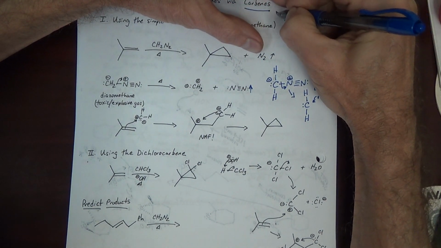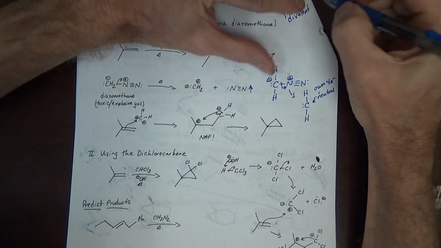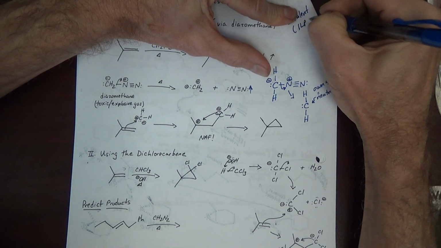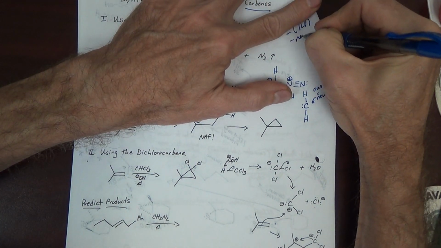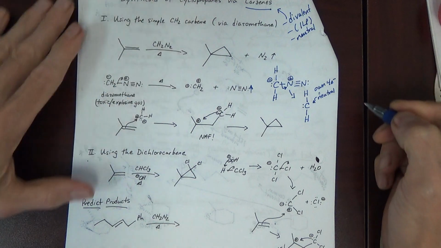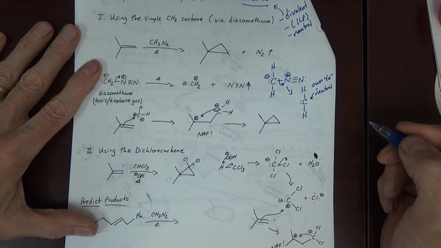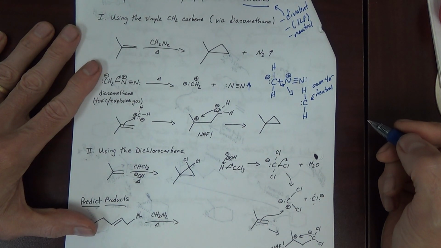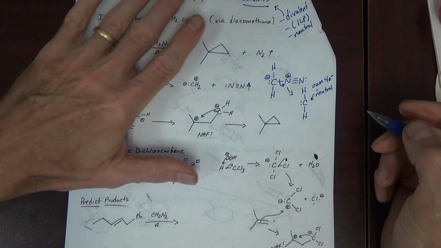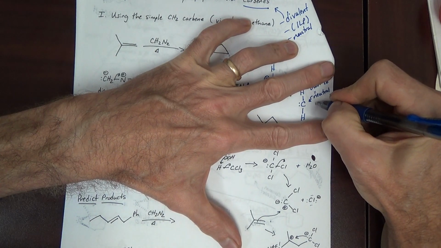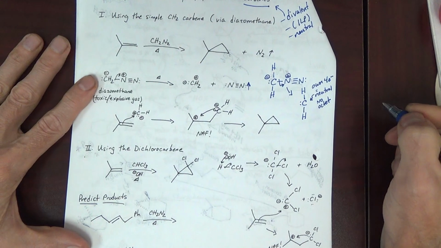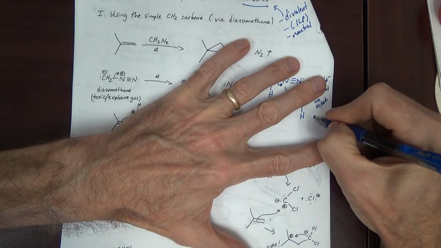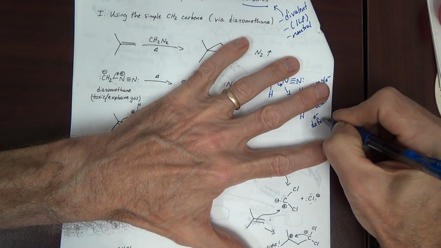Carbenes are divalent. They're always going to have one lone pair. And they're going to be neutral. Now, importantly, they don't have an octet. And thus they are electron deficient.